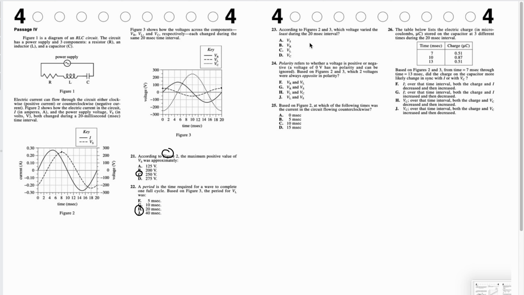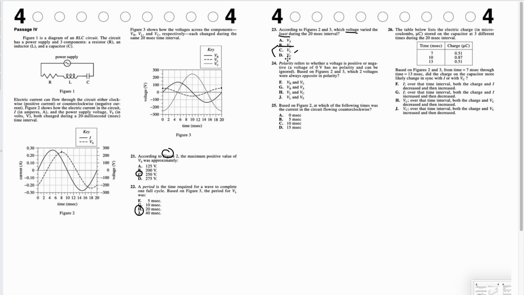On 23, according to figures 2 and 3, comparing these, which voltage varied the least during the 20 millisecond interval? We have Vs in figure 2, and VR, VL, and VC are all in figure 3. Between those three, the least varying would be the dashed curve, so that's VL so far.